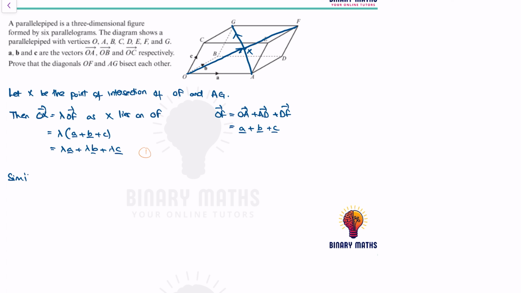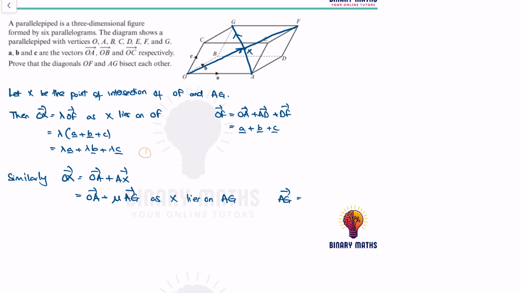Similarly, O to X is also equal to O to A plus A to X, which is equal to O to A plus a scalar multiple of A to G, as X lies on A to G. So I need to work out A to G first.